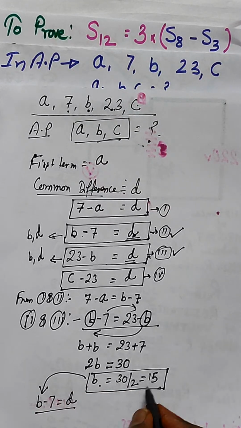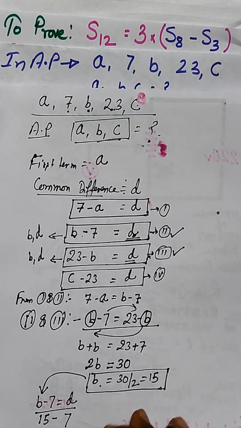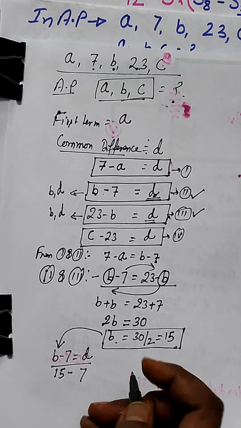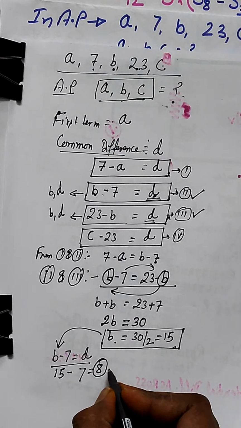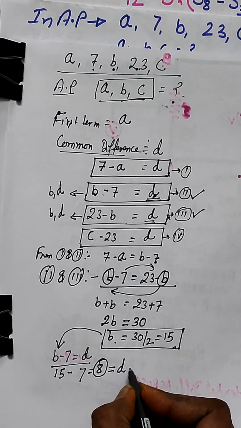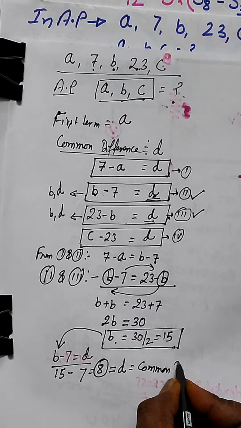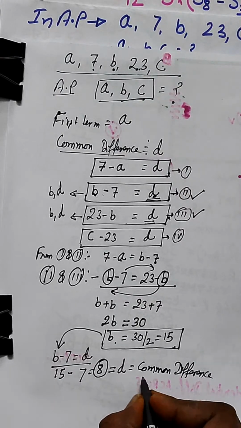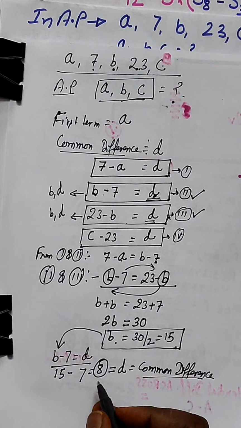What you will have, 15 minus 7. So what is the value of 15 minus 7? 15 minus 7 is 8. So you are getting the value of common difference D. D is the common difference. So the value of D is calculated as 8, right?